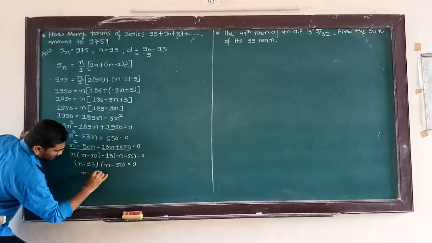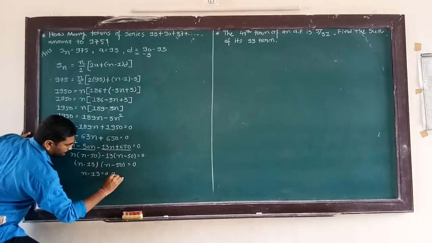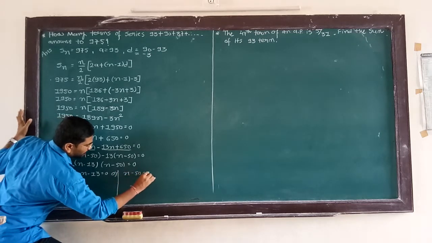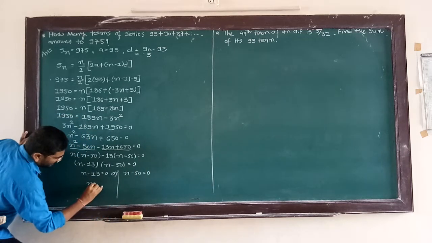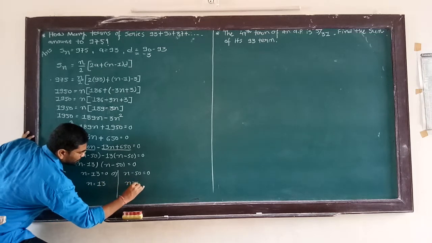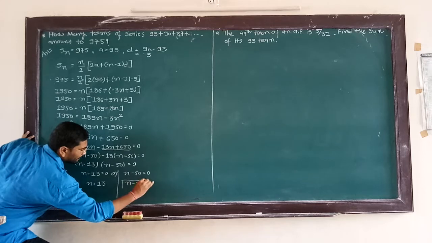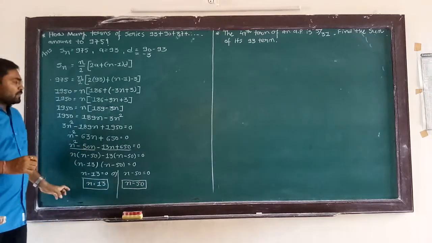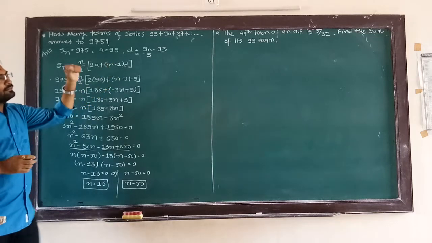Now n minus 13 is equal to 0, n minus 50 is equal to 0. Now n is equal to 13 and here n is equal to 50. Here two answers for n. Same as in the other method.